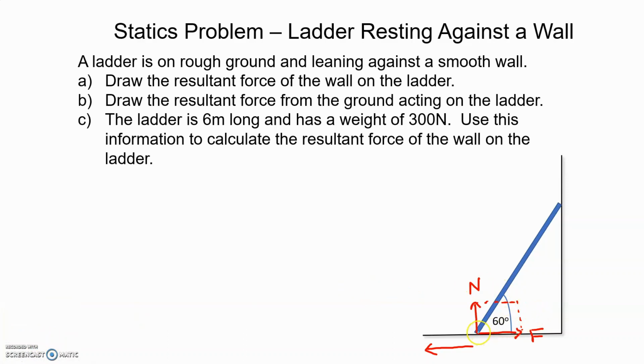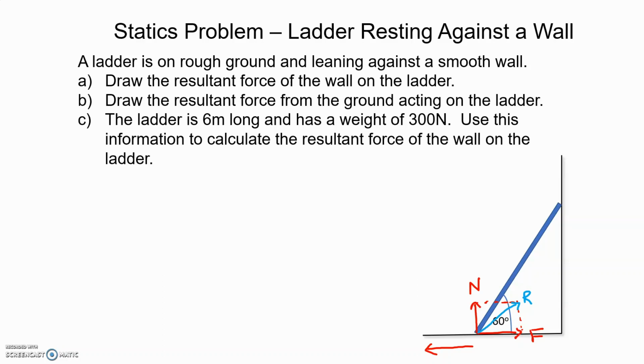Our reaction force would be acting in that direction. So parts A and B are testing your understanding and knowledge of the forces acting on a ladder when it's resting against the wall.